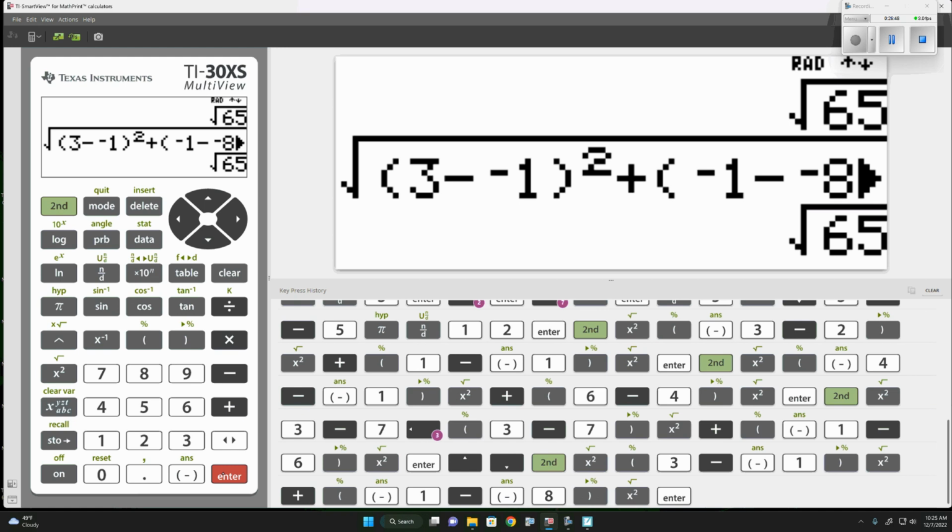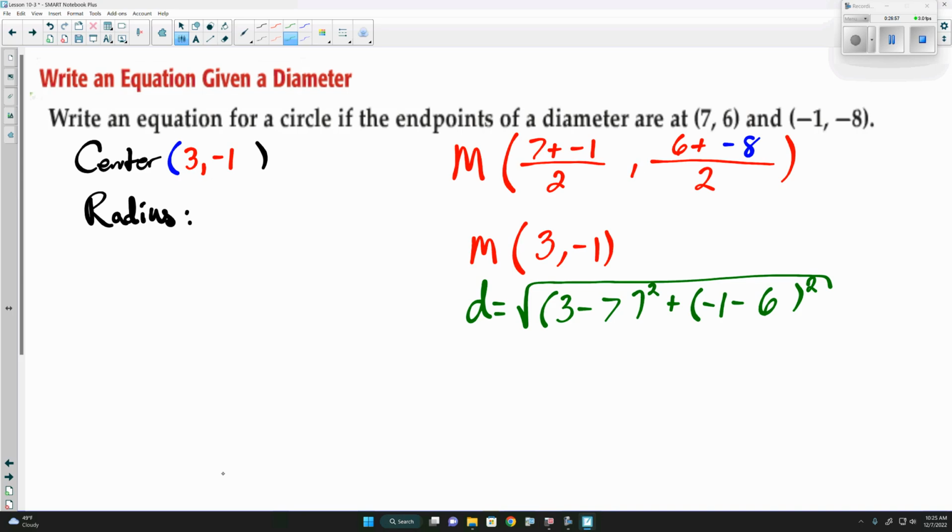Because again, the radius is just the distance from the center to a point on the circle. Both of those points are on the circle, so we'll get the same measure. Questions on how we found the center and the radius?